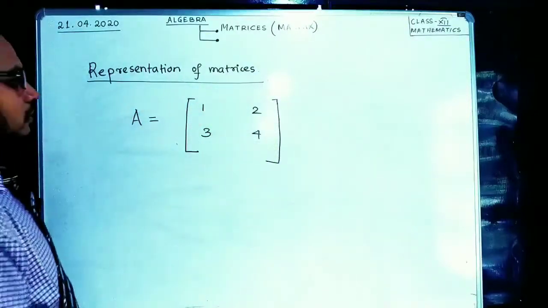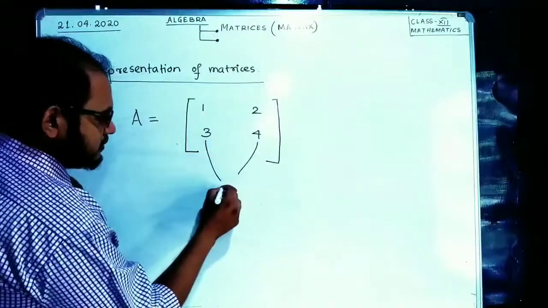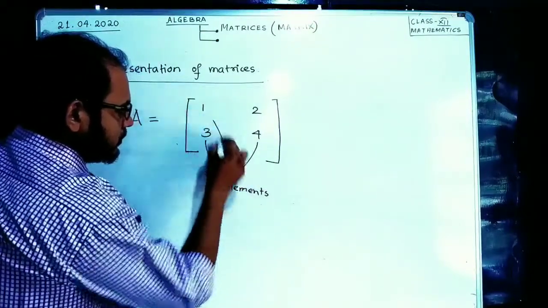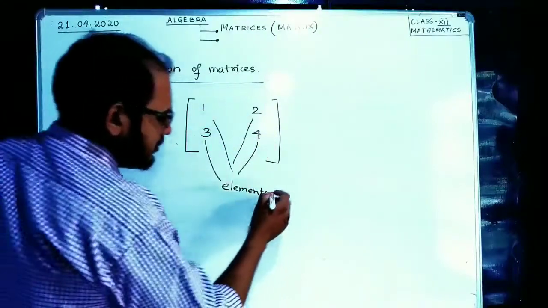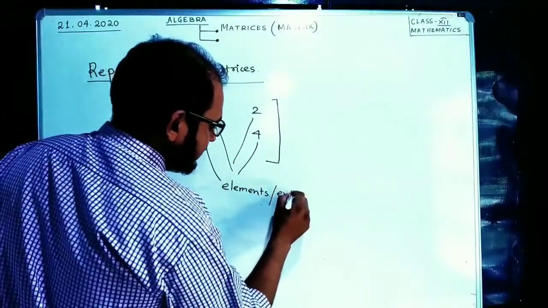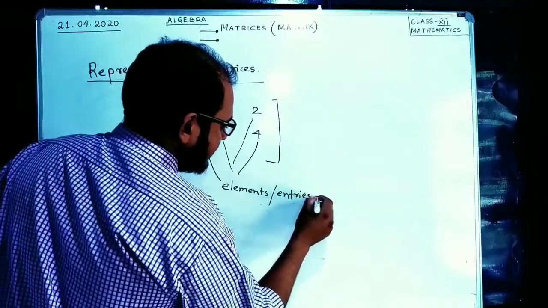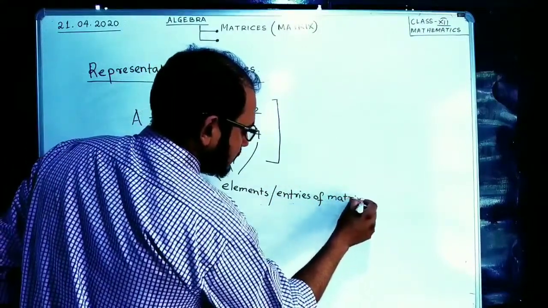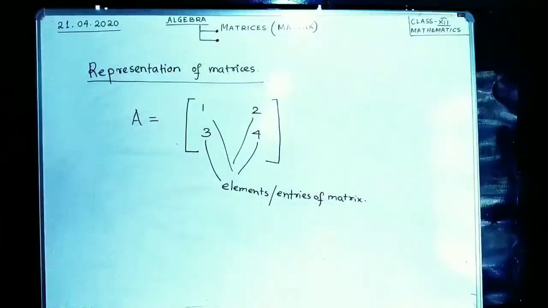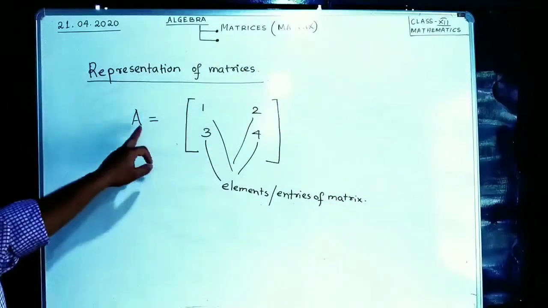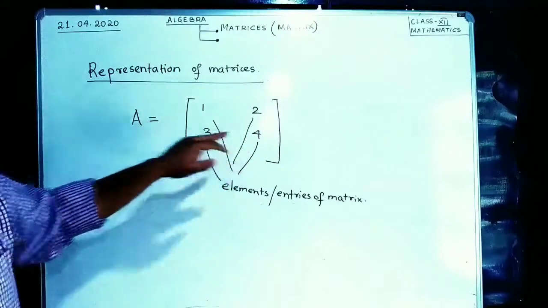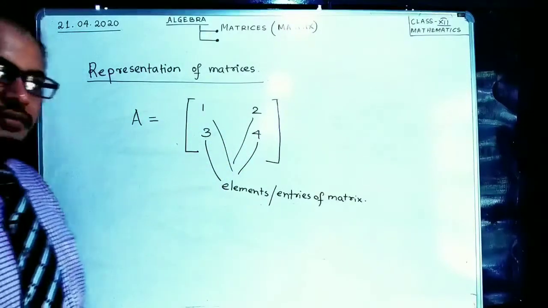We call these the elements of a matrix. 1 is an element, 2 is also an element. Elements or entries of a matrix. So 1 is an element of this matrix A, 2 is an element of this matrix A. Similarly 3 and 4 are also elements of the same matrix A.